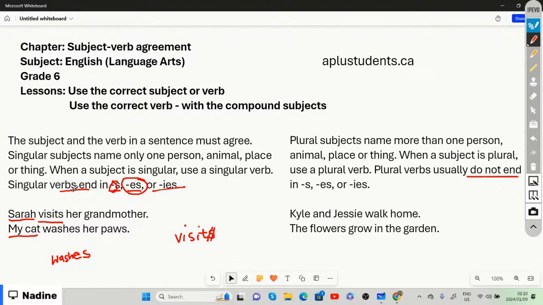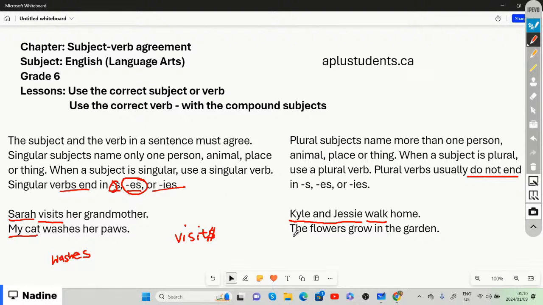If we look at the sentences, Kylie and Jesse, which is plural because it's more than one person, walk home. Walk, as you can see, does not end in s, es, or ies. It is just walk home, no s.